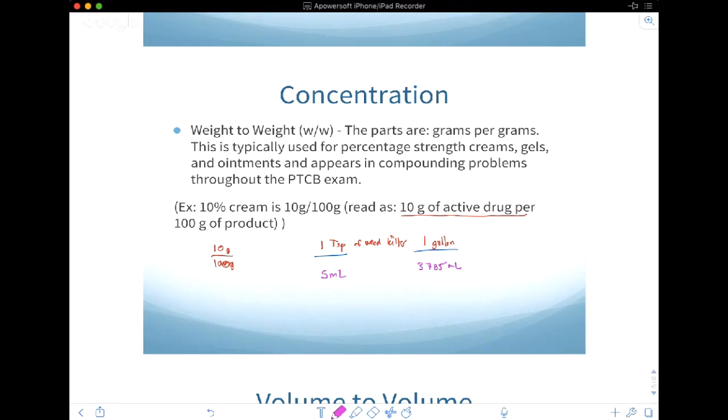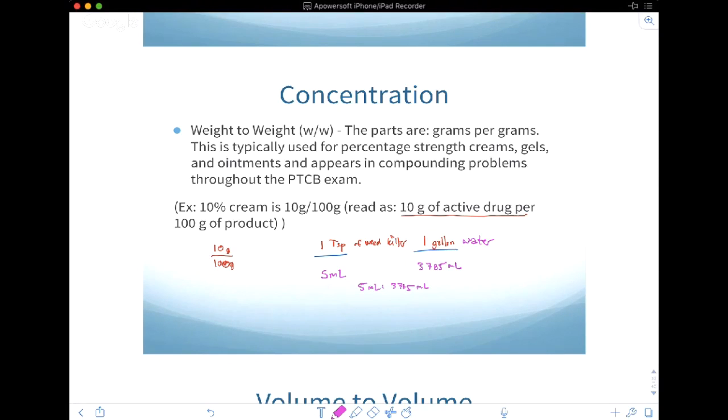So our concentration is going to be 5 milliliters per 3,785 milliliters of water. What this is saying is that there are 5 milliliters, or 1 teaspoon, of active ingredient for the 1 gallon of water.